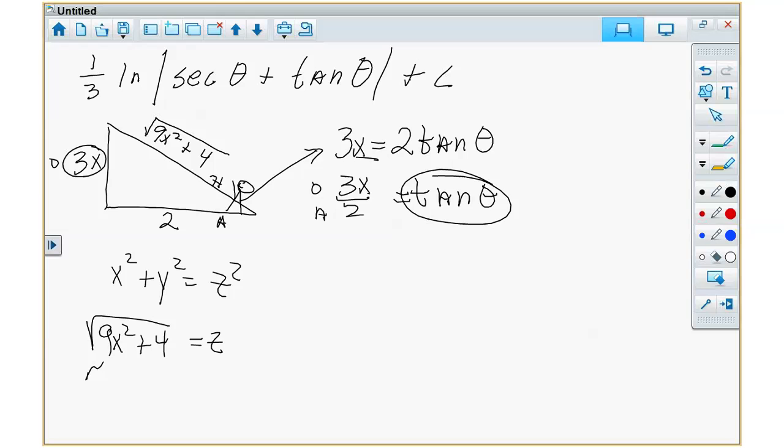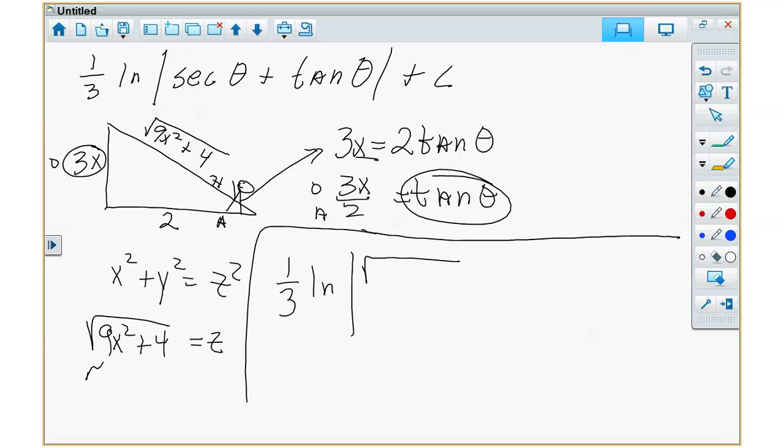So, now to continue on with what we were doing, that's going to be 1/3 natural log. What is my secant? Well, my secant is, I'm just going to write it out, square root of 9x squared plus 4 over 2, plus 3x over 2, plus c.